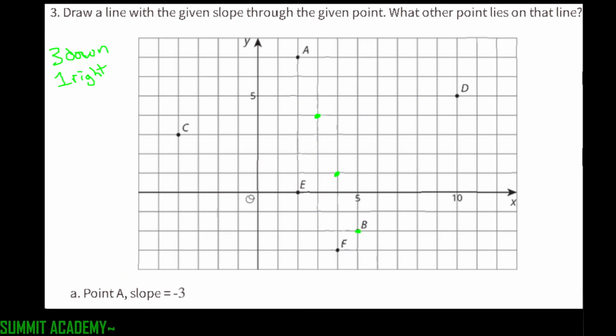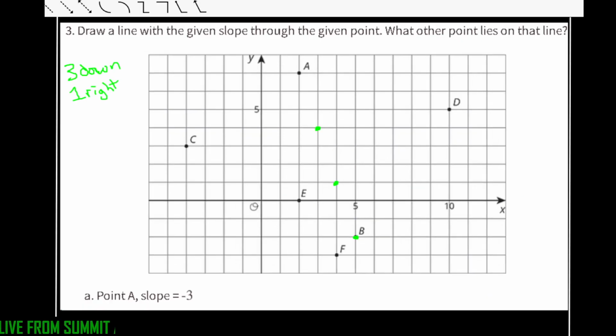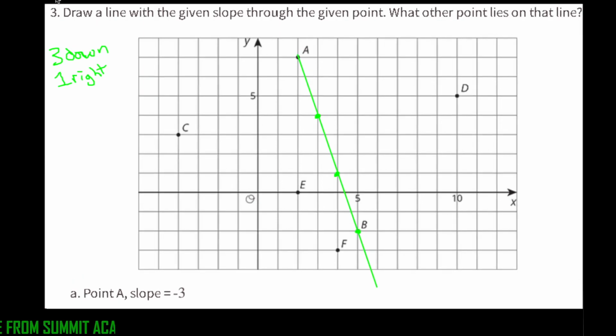So now that I have that, I can draw my line. So I draw my line like so. So let's do it like this. So go from A through B, through that point B. And now I can say, all right, what do I have?